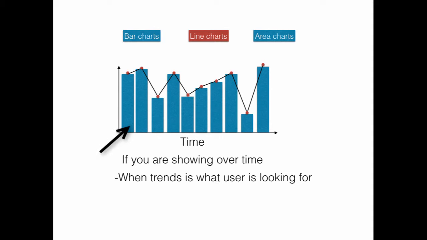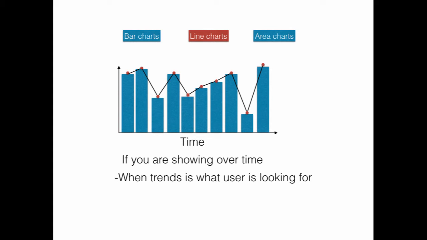For example, if I'm seeing the first bar here and the second last bar, I'm actually in my subconscious mind calculating the visual area and thinking that the first bar is more than twice the size of the second last bar. This is because we are actually seeing the area in the subconscious mind, and while showing the trend, the line doesn't show that. It only shows, over time, the points which the user is interested in.